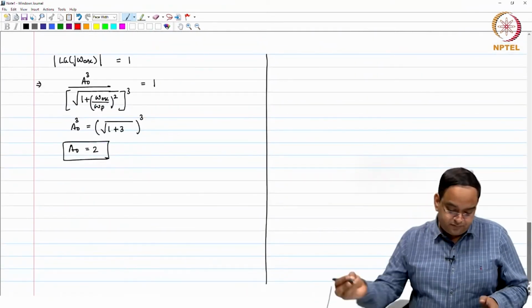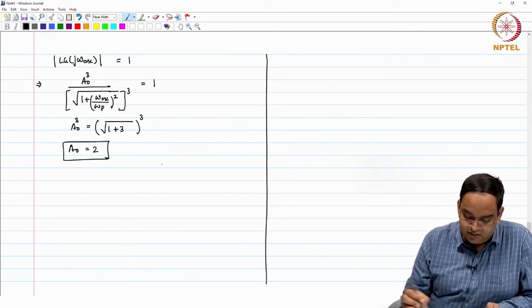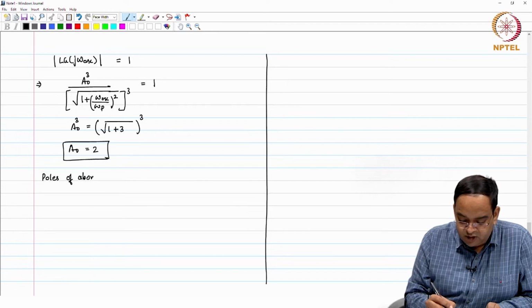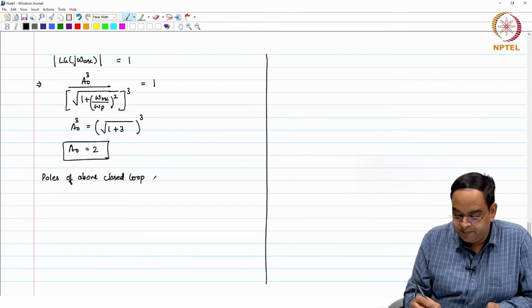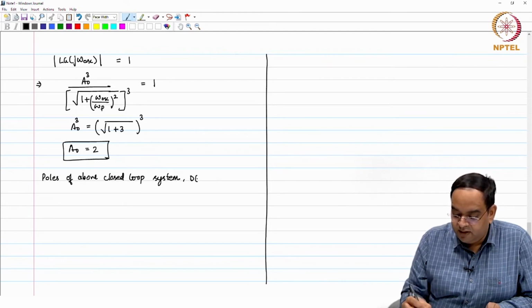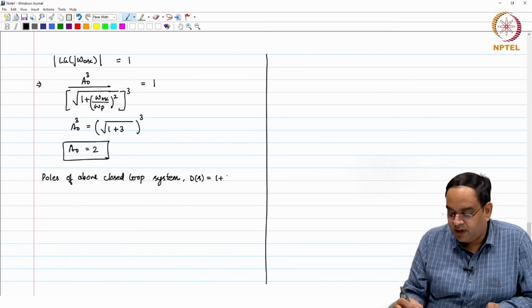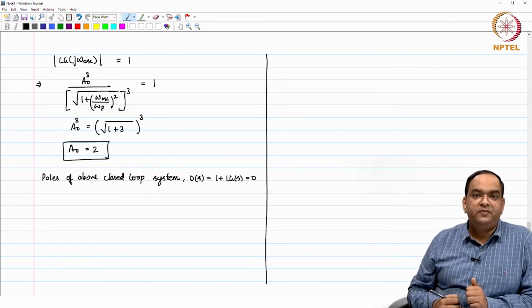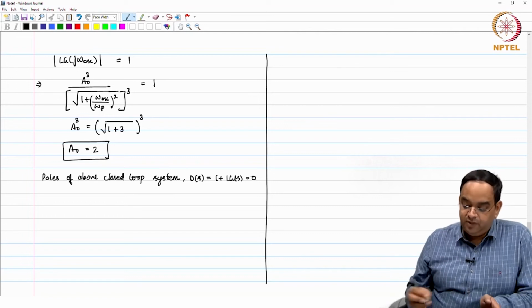So, here if you look at the closed loop system, we need to find the poles or the roots of, let me write it, poles of above closed loop system will be given by the denominator of S, or 1 plus loop gain of S equal to 0, right, that will be the poles.